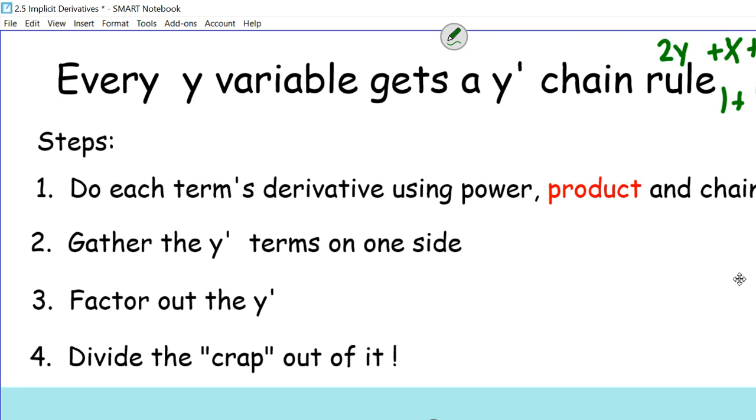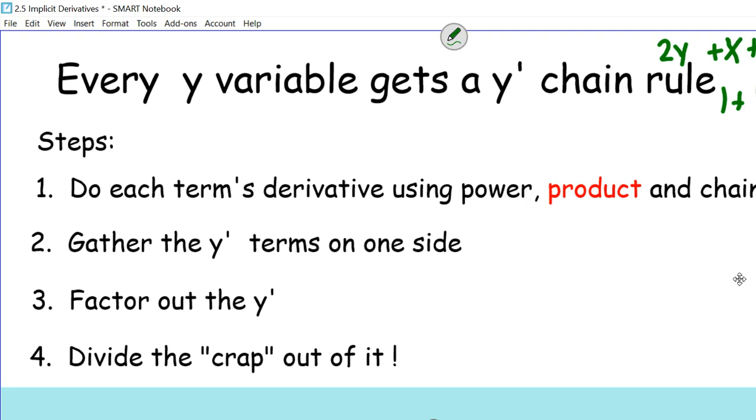Then factor out the y prime and divide out everything else. That reminds us that at the very end, that last step, a lot of times is going to be dividing through by the y prime stuff. Once I get y prime by itself, you divide out everything else. So as long as you're writing these steps down, they will help you through these examples. We'll follow these steps as we go through.